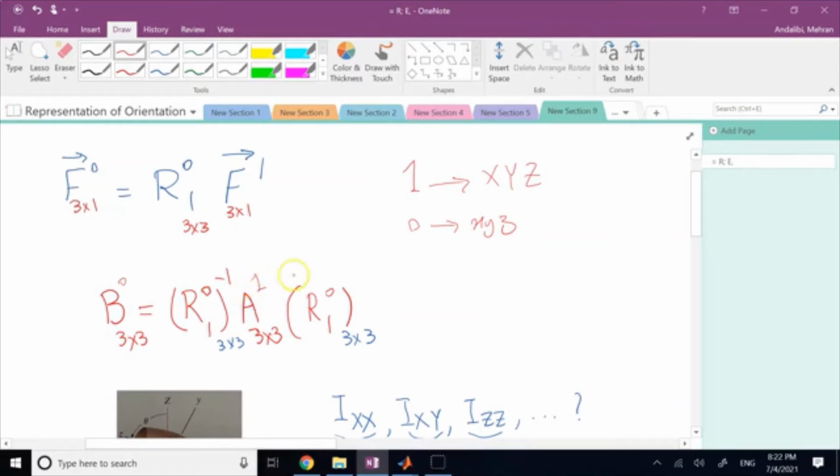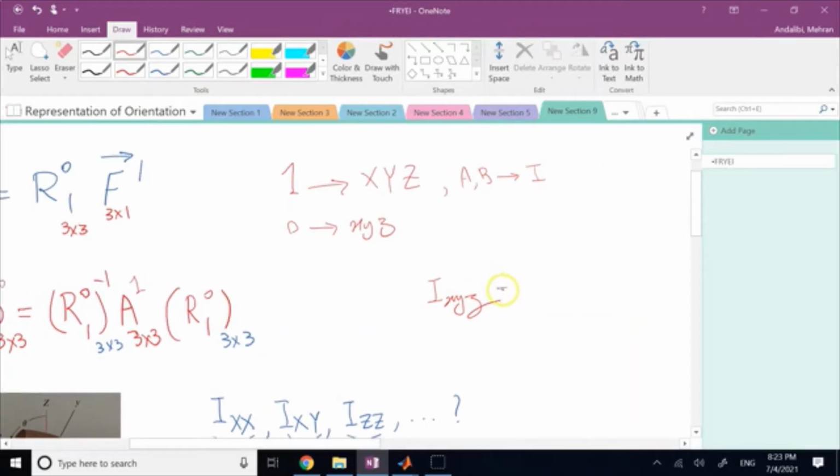So here again I call my 1 the cap frame, and A and B both refer to the inertia matrix. My question is: if I want I in the body attached frame, how do I find it?